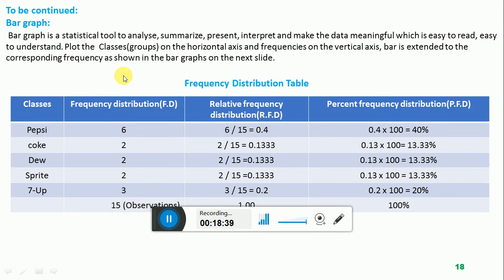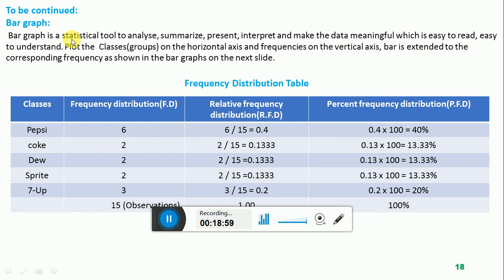Now we are switching toward the bar graph. We developed the frequency distribution table. Tabular form is one statistical tool to summarize the data, to make the data easy to read, easy to understand, to make the data meaningful.